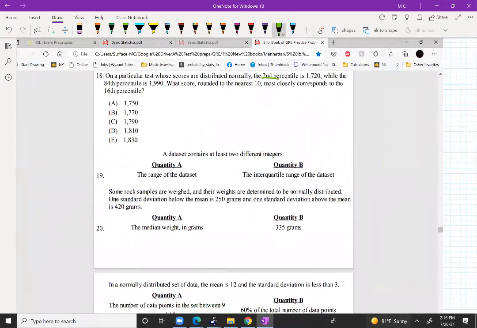The 2nd percentile is 1720. So basically what they're saying is the 2%, 1720.